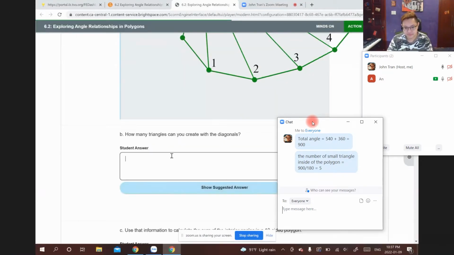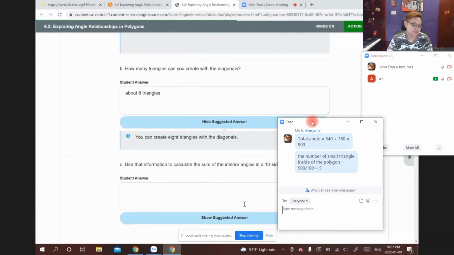How many triangles can you create with the diagonals?